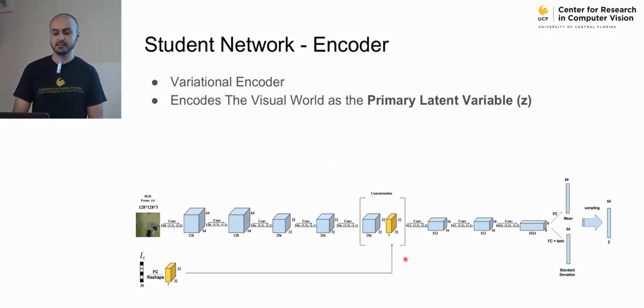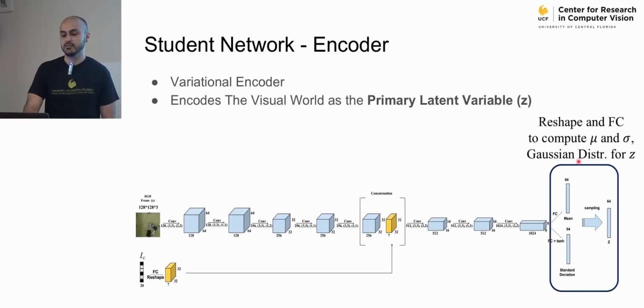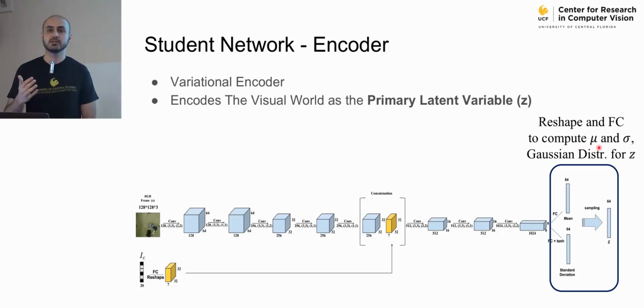And we concatenate it with the visual features in the middle of the network. And finally, we get the output of the convolutional network, and using a reshape and fully connected layer, we compute a distribution for Z. We show the distribution using mu and sigma. And finally, by sampling from that distribution, we sample one Z.